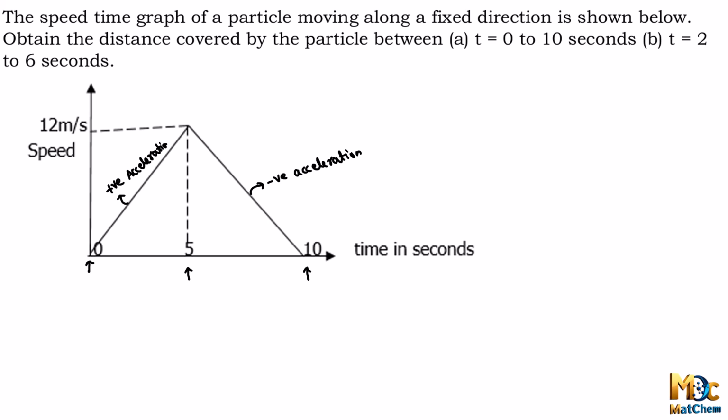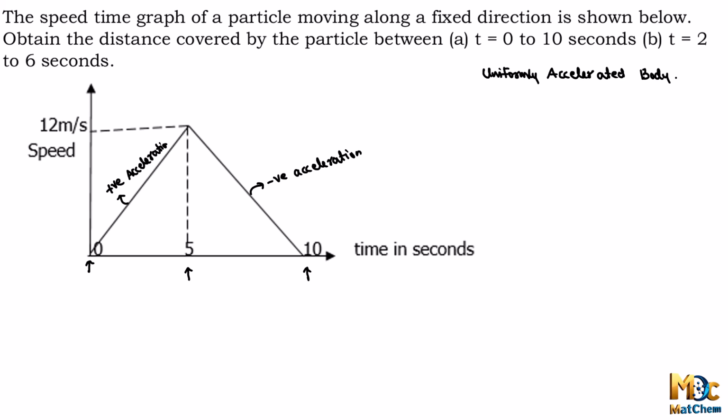So they have given you a speed versus time curve. Since it is a straight line, the speed versus time curve of a straight line is for a uniformly accelerated body. That means you will get a straight line curve.